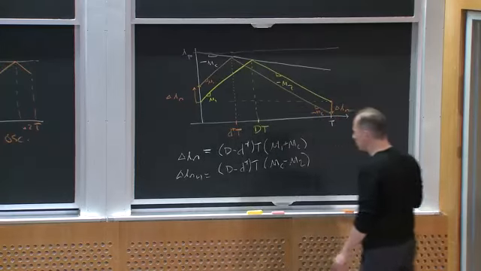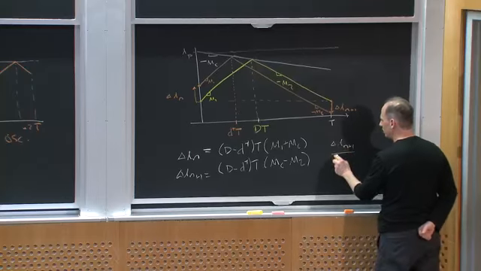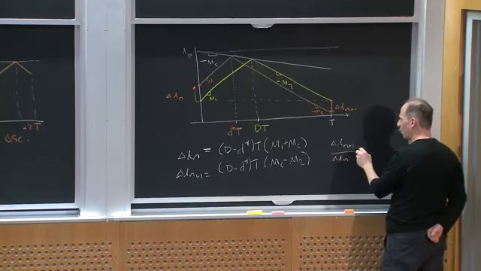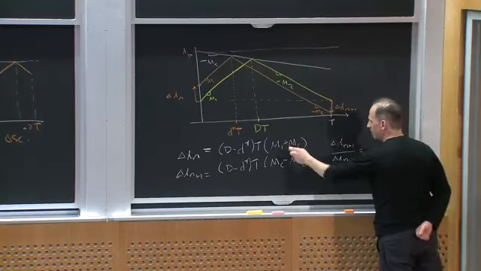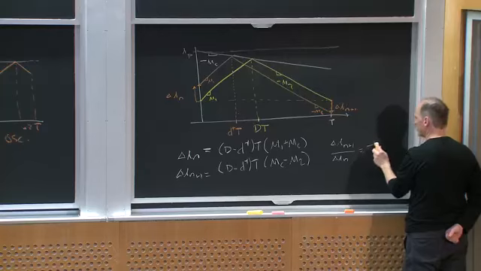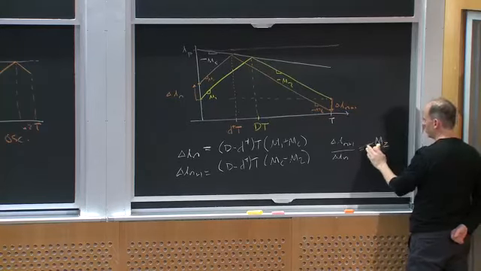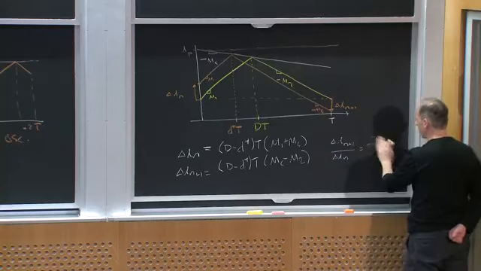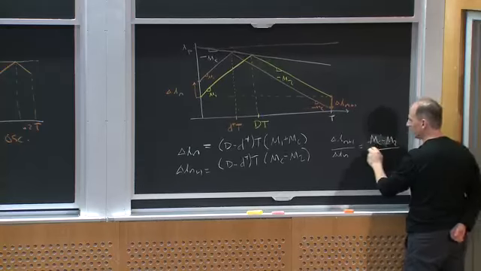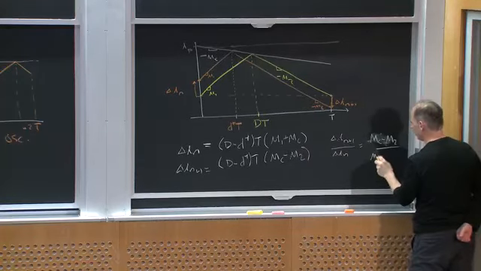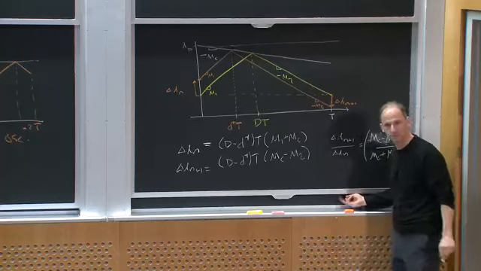So if I take the ratio of these two things, I could write delta I n plus 1 over delta I n. That's what I get in one cycle. It's just going to be this ratio, the bottom over the top: MC minus M2 divided by M1 plus MC. Does that make sense to everybody?